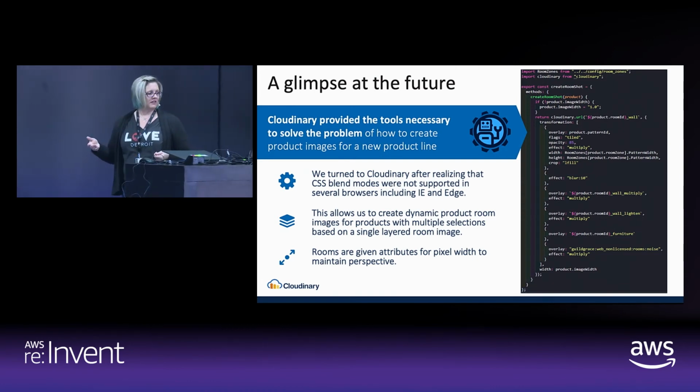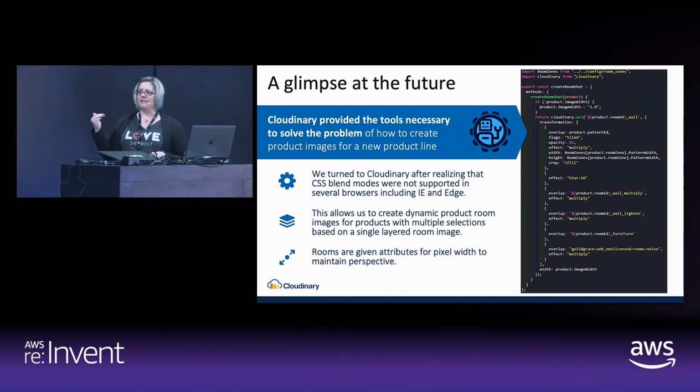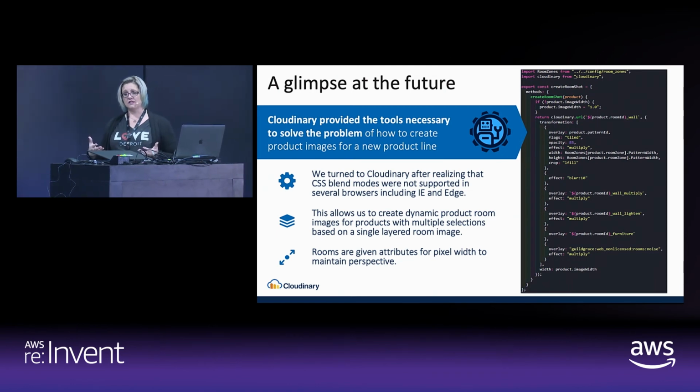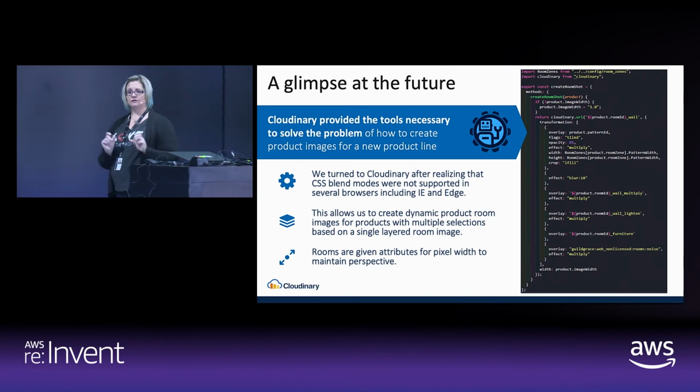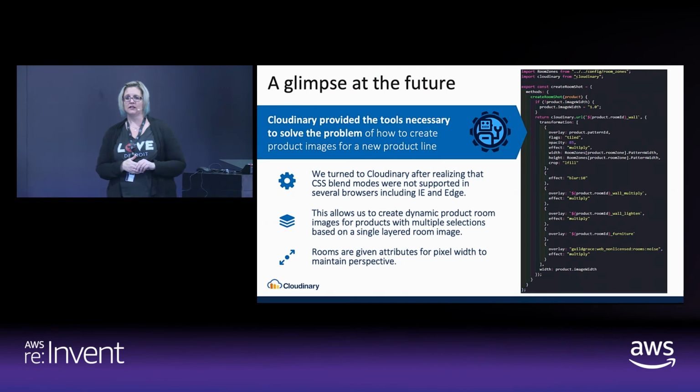And so by using all of the transformations, we were able to create dynamic rooms with our wallpaper product in a way that we otherwise wouldn't have. So what we do is we take a single product image and we give it height and width attributes.